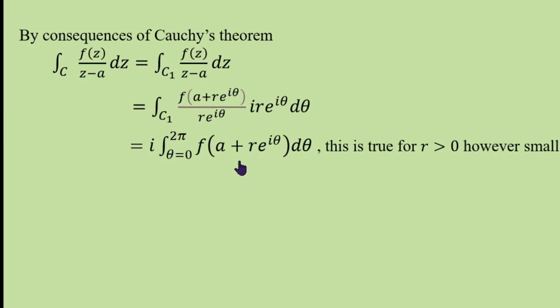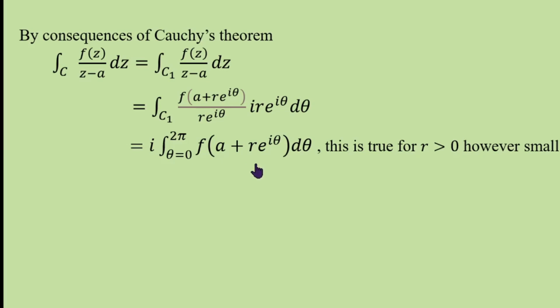But this is true for any circle C1 within C. So select C1 defined by this r. r may be any small value, and the answer is still the same.